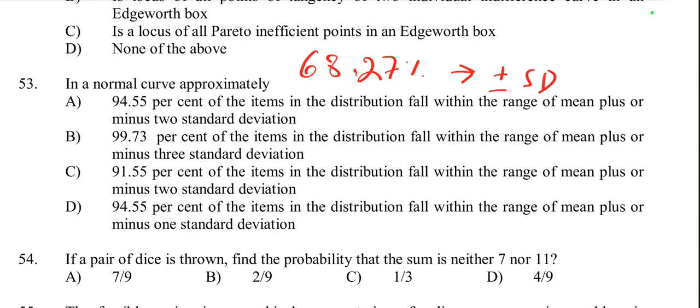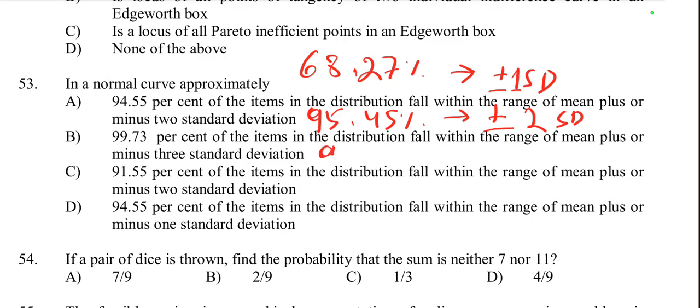Then approximately 95.45%, the second one, falls within plus minus 2. This is plus minus 1 standard deviation of the mean, and this is plus minus 2 standard deviation of the mean.